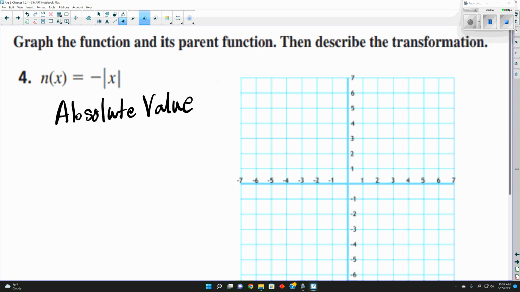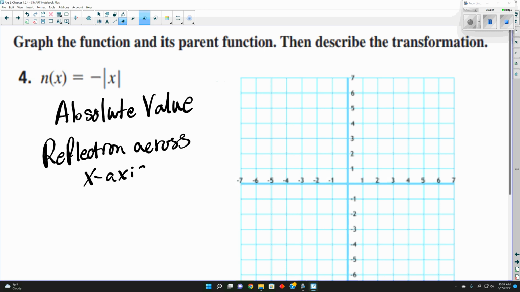This is going to be a reflection. Now we need to figure out which axis. Since here it's outside the parentheses, or outside the absolute value, so which one would it be? Almost x. Outside is x, inside is y. So this one here is reflected across the x-axis. Are you ready for the next one?